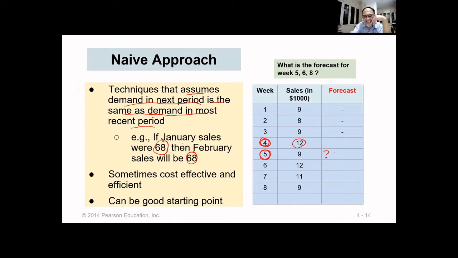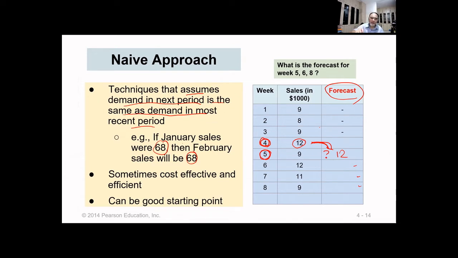So it is actually the before period. What about week 6? Now I'm trying to fill up this blank here. This is the forecast. Of course I can do the forecast for all of this, but I'm asking you.